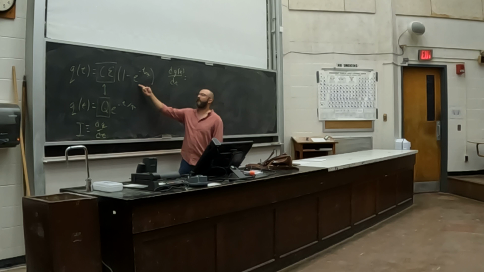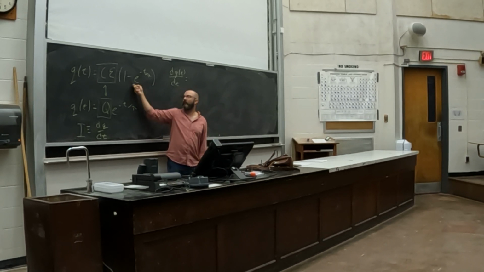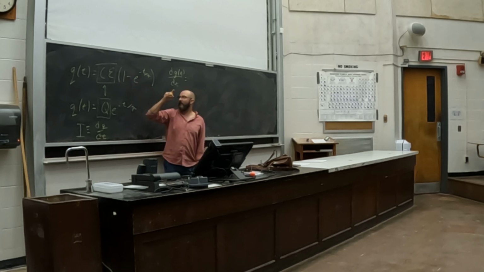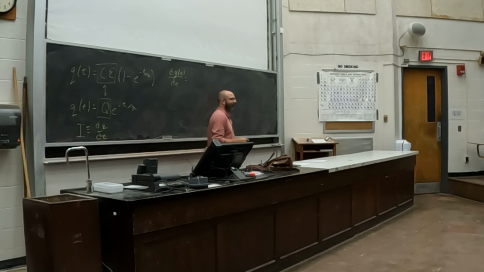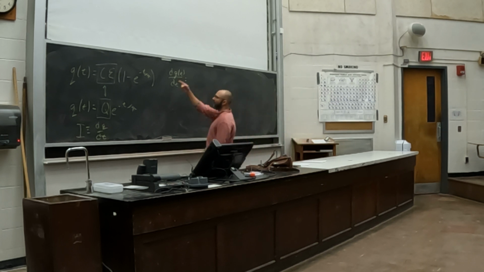I'm left with a subtractive construction. 1 is a constant, and the derivative of a constant is zero, so that's not going to appear. The only thing I have to worry about is CE times the derivative of e to the some stuff. The derivative of e to some stuff is e to the stuff times the derivative of the stuff. That's how that works. So I get here CE.